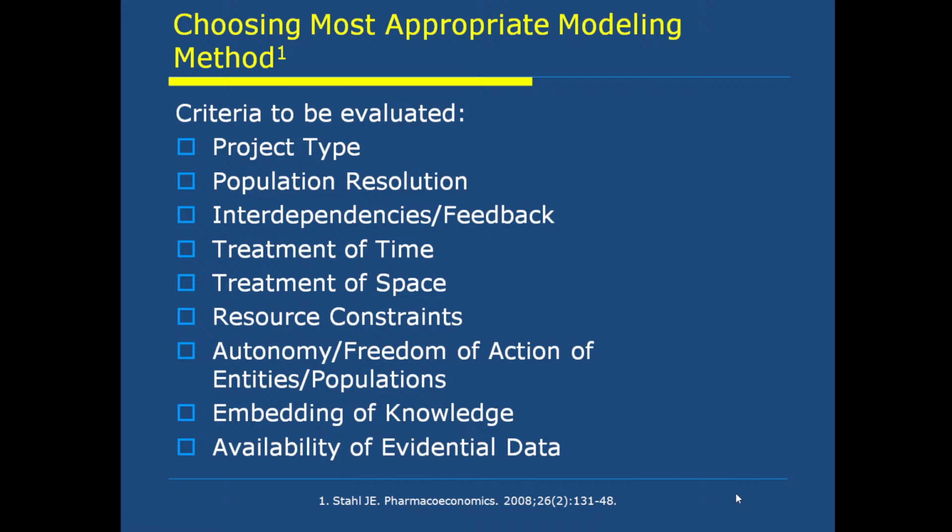We need to understand dependence or interdependence and feedback, treatment of time, treatment of space, resource constraints, autonomy or freedom of action of entities and populations, embedding of knowledge, and availability of evidential data.